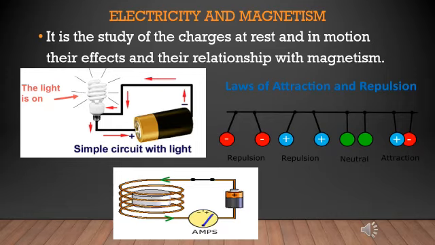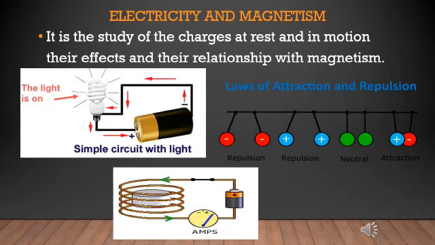So this is one of the natural things: whenever the electromagnet is present and the electric current passes through it, the magnetic field is produced. So there is a connection between electricity and magnetism.